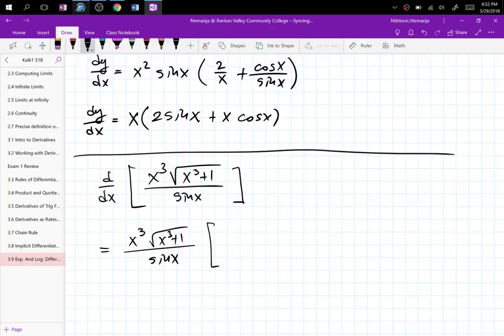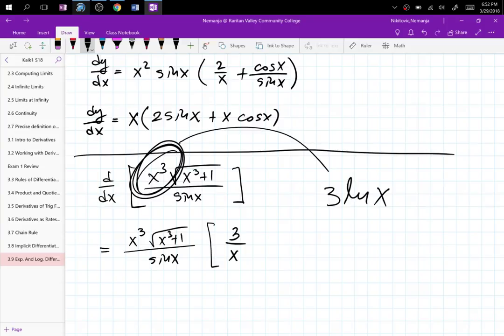X cubed is in the numerator, so that would be ln x cubed. 3 goes in front of ln, so I have 3 ln x. Because this term, x cubed, produces 3 ln x in an expansion, and the derivative of ln x is 1 over x, times 3, that gives 3 over x.